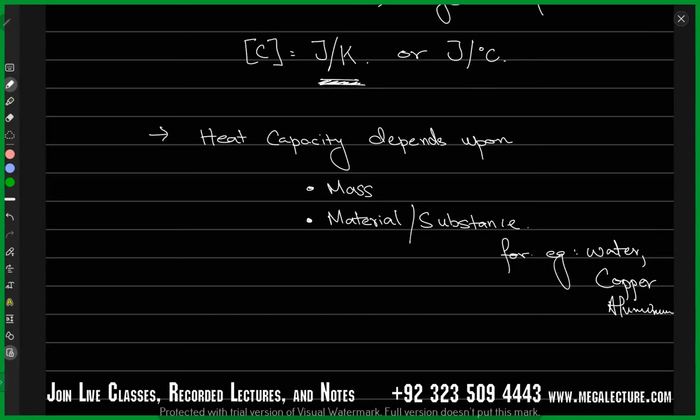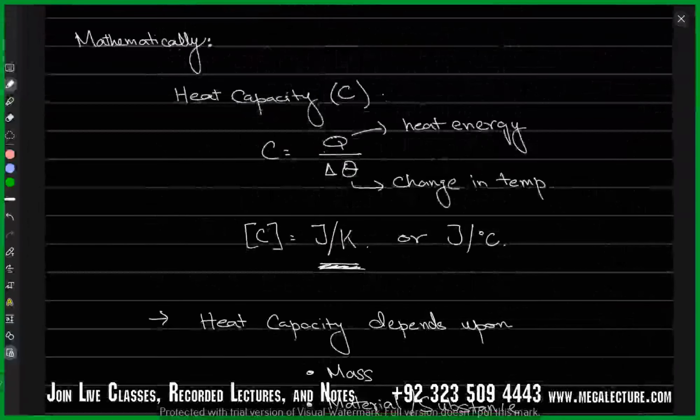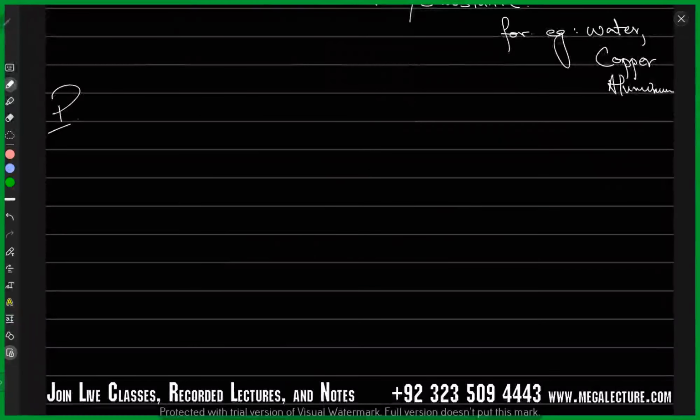All right. Now, to understand the mathematics of heat capacity a bit better, let's do an example problem. Suppose you have 100 grams of water in a beaker, initially at 30 degrees Celsius, and you raise the temperature from 30 to 60 degrees Celsius.